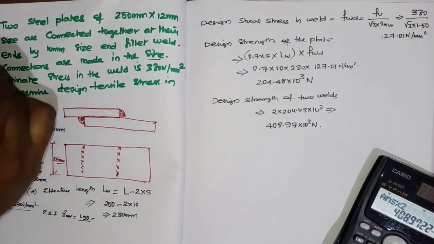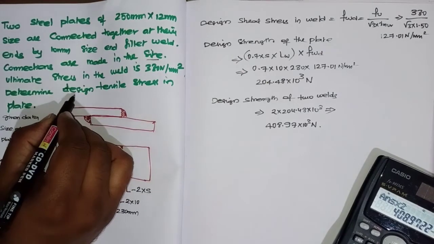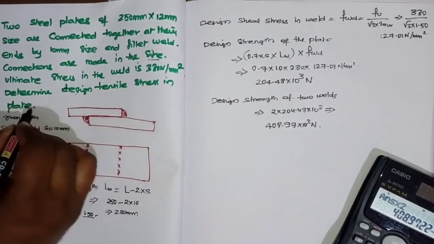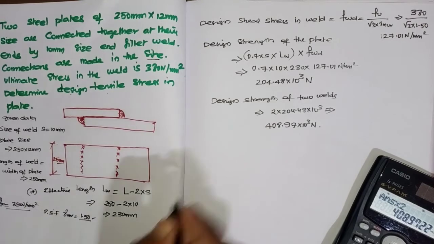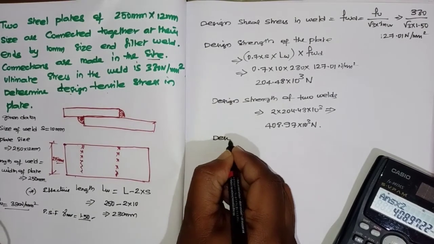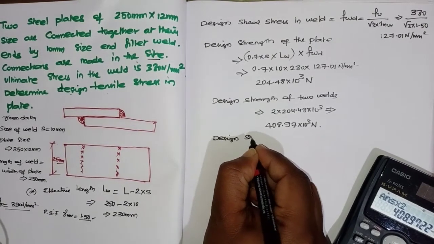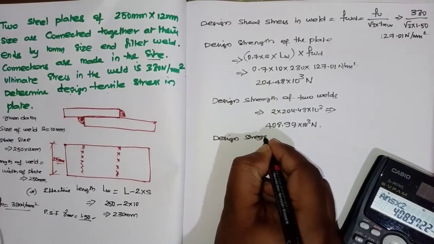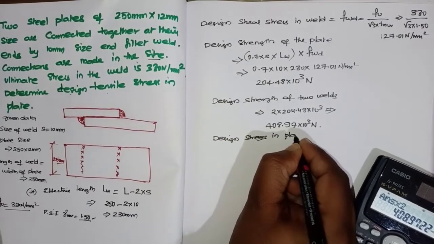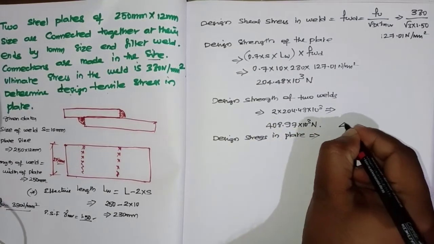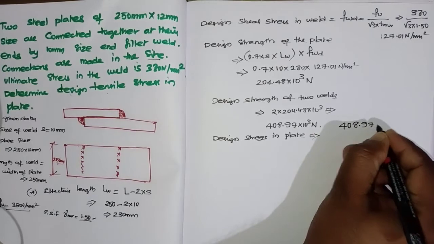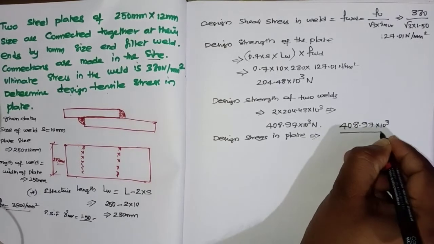But see here, we designed, but he is asking to find the design tensile stress in the plate. Now stress equals load by area, am I right? So design stress in plate equals this load divided by area of plate.